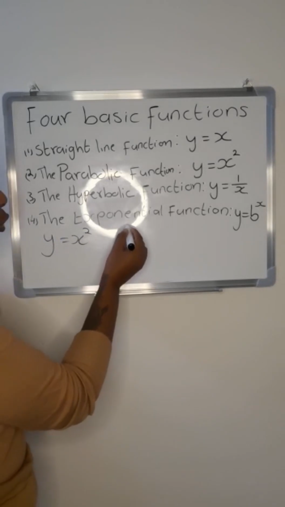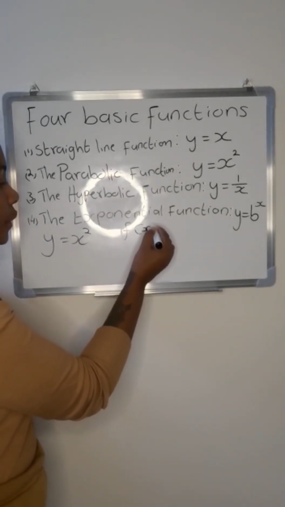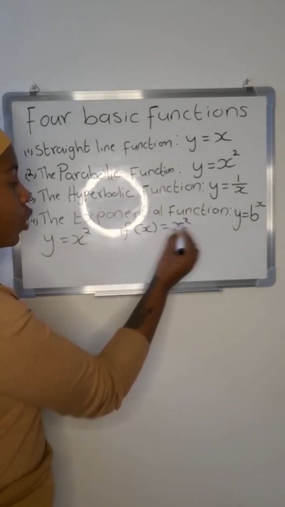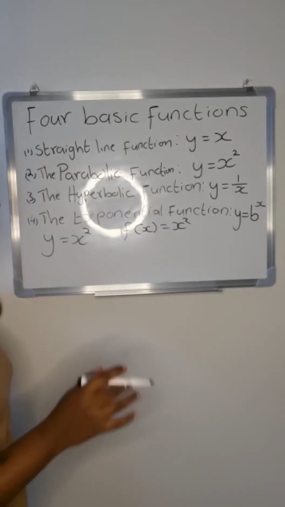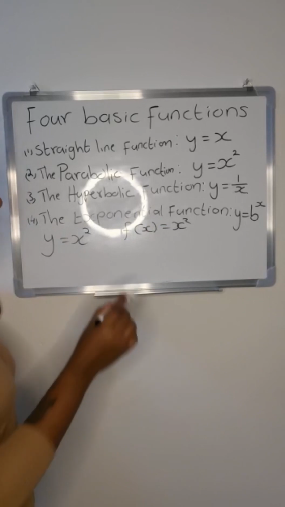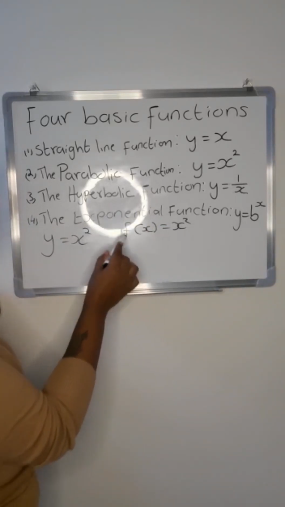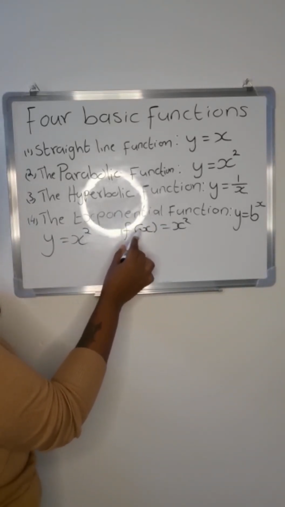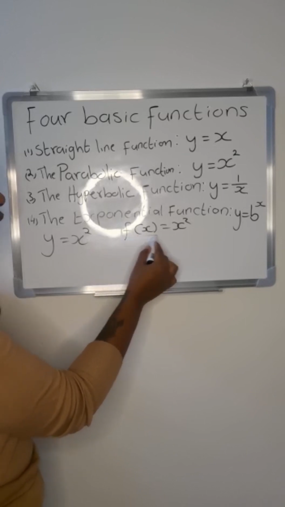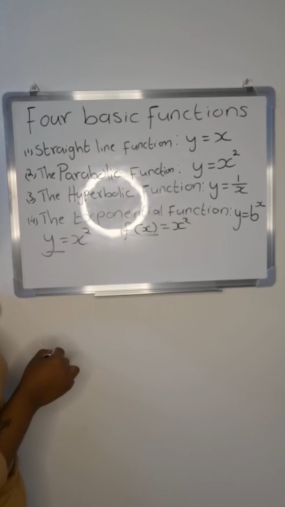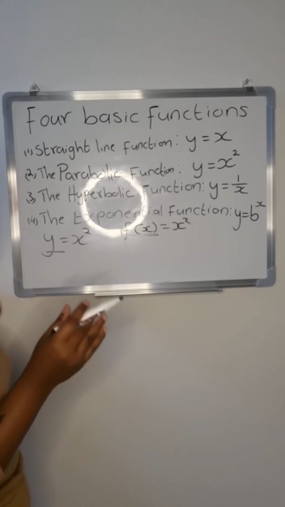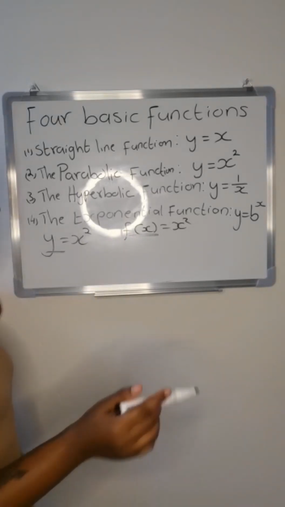We can choose to label it as f of x is equal to x squared. We are going to see this a lot in your question papers, in your study materials. Now, don't get confused, please. f of x simply means the function f with respect to x. And this f of x is the same as y. We treat it the same way as we treat y.